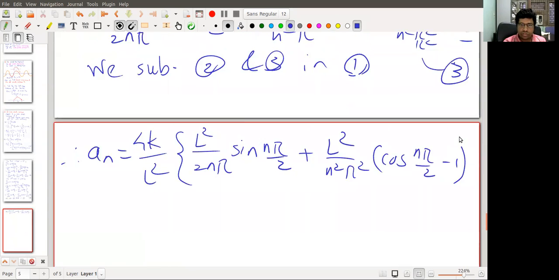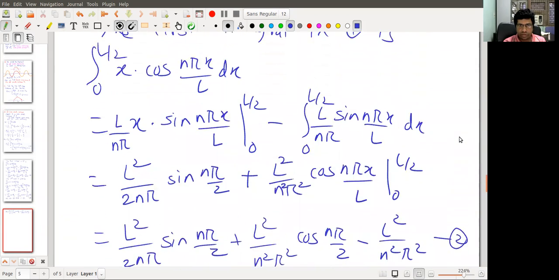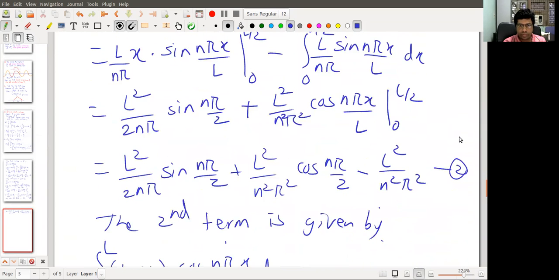Okay, so this is first term. Okay, so we have taken L square by n square pi square common, so that it is L square upon n square pi square into cos n pi by 2 minus 1.